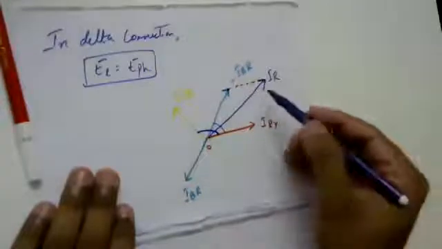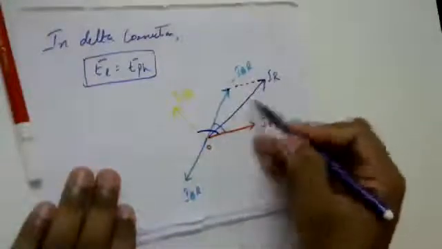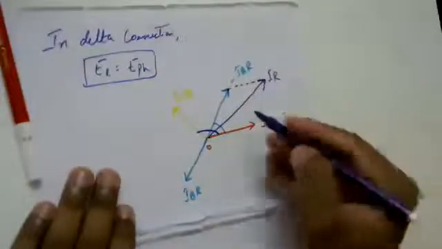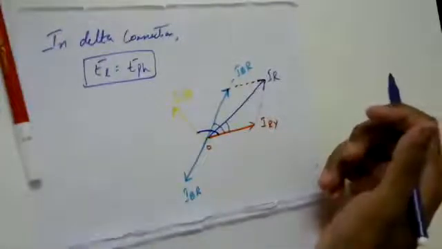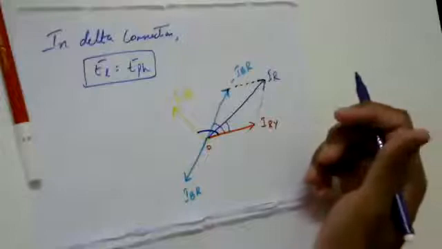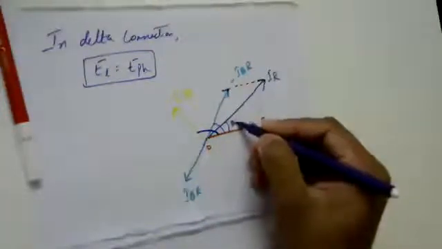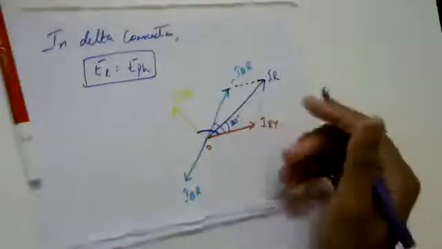Then you have the resultant vector IR which is moving exactly in the center of minus IBR and IRY. Then what is this angle? 30 degree, right? So this angle is 30 degree.